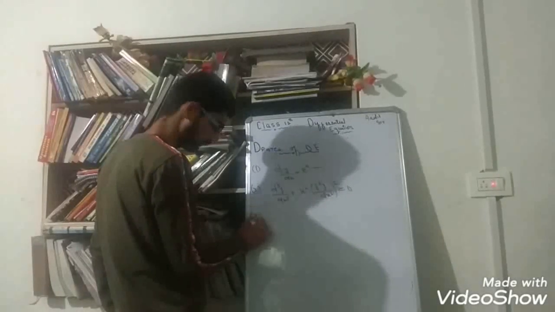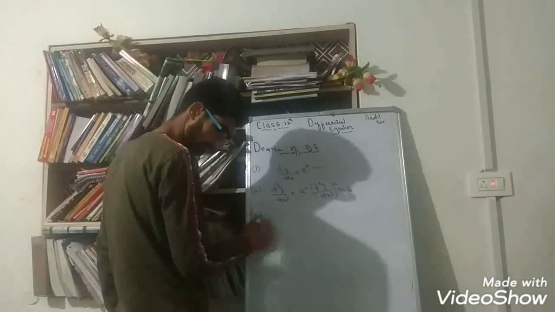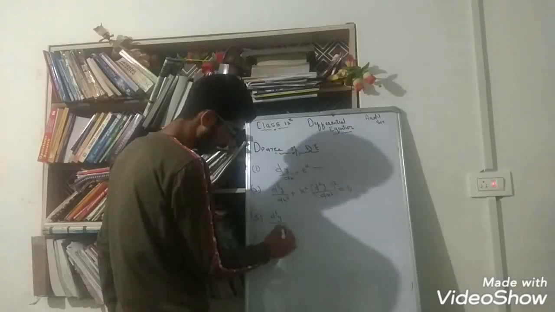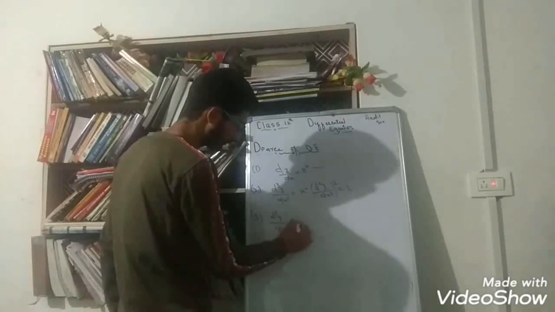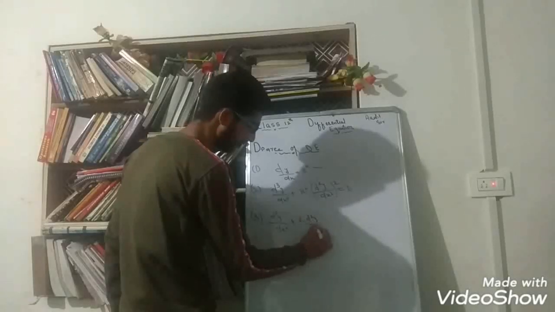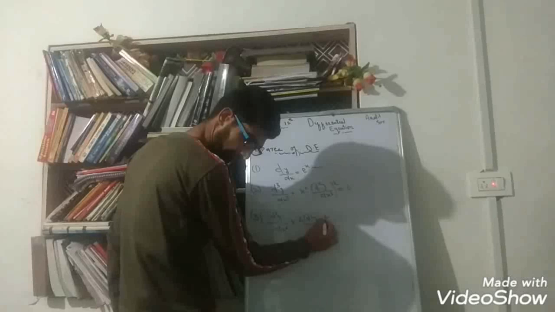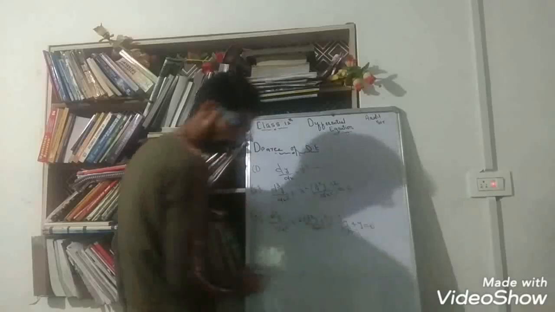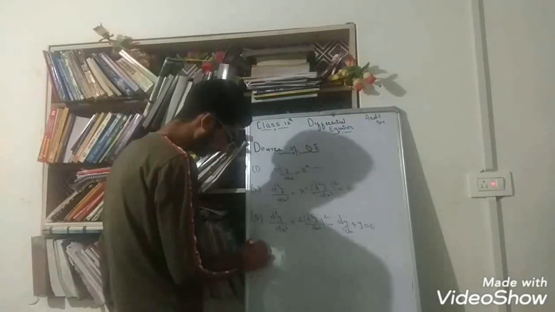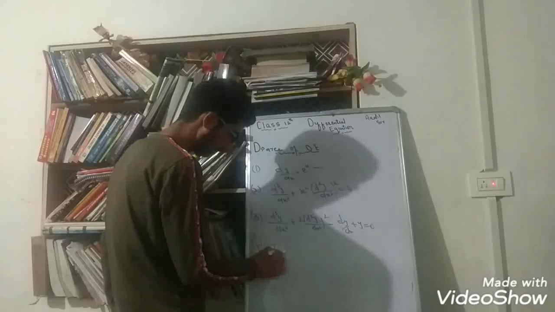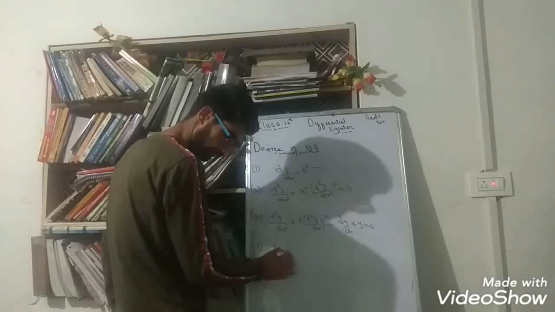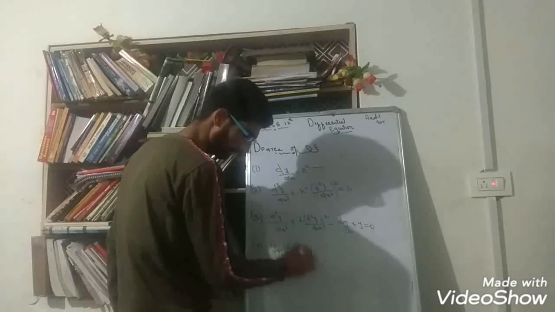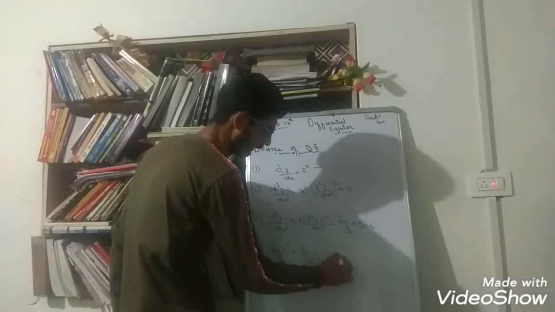Third one you write down: d cube y divided by dx cube plus 2 d square y divided by dx square, the whole square, minus dy by dx plus y equals 0. And the fourth one: dy by dx square plus dy by dx minus sin square y equals 0.